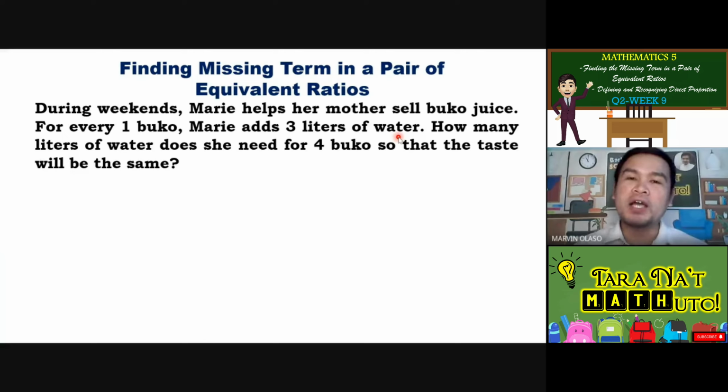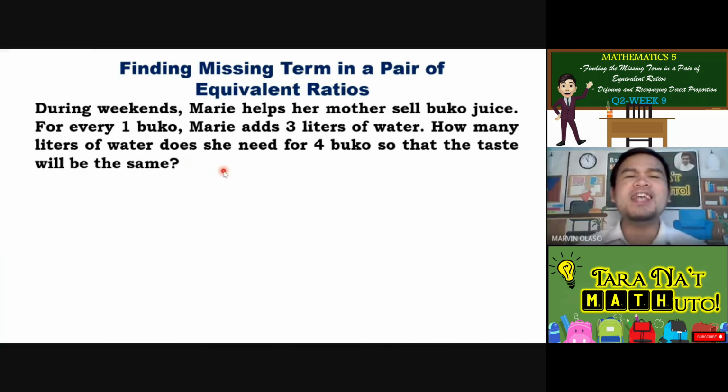So, kapag naglalagay si Marie ng isang buko, yung sabaw nito, nilalagyan niya o dinadagdagan niya ng 3 liters of water. How many liters of water does she need for 4 buko so that the taste will be the same? So, how many liters of water daw ang kailangan kung ang kanyang ilalagay ay 4 na buko?